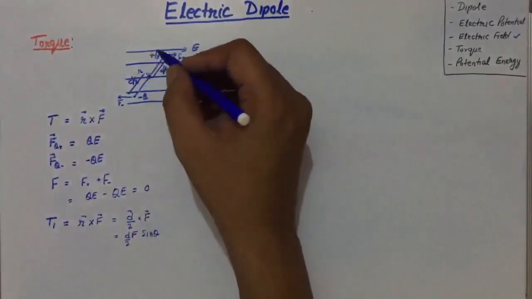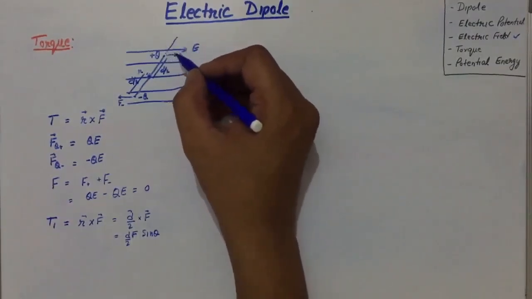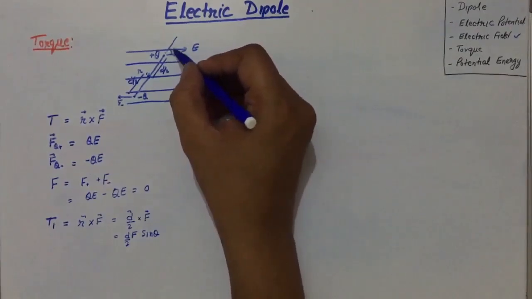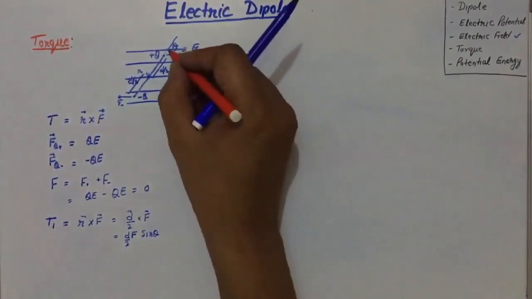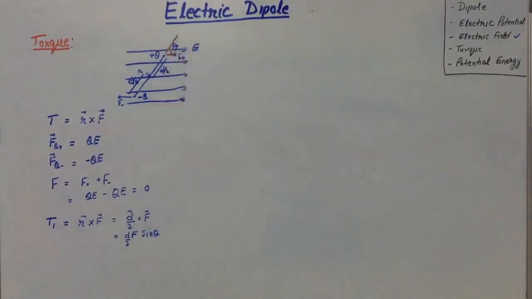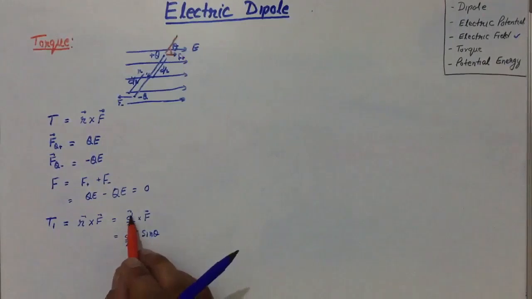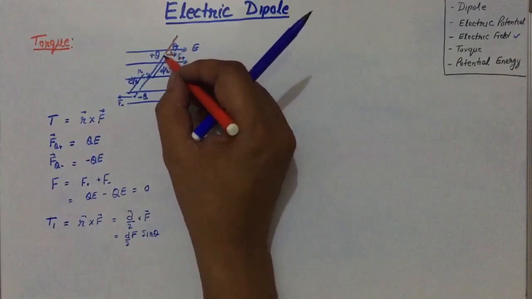If this is the direction of R and this is the direction of F, in the direction of E, the angle made between them is theta. So this can be written as the torque acting on the positive charge.